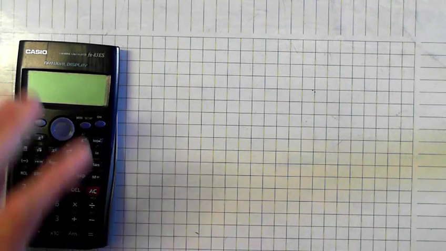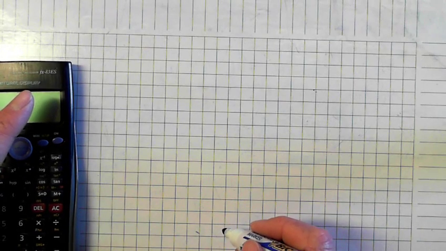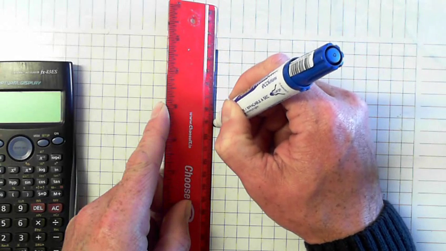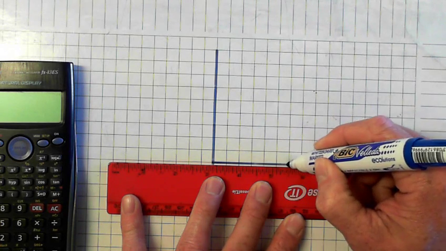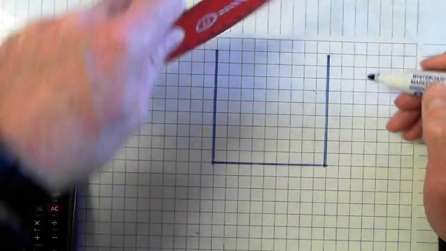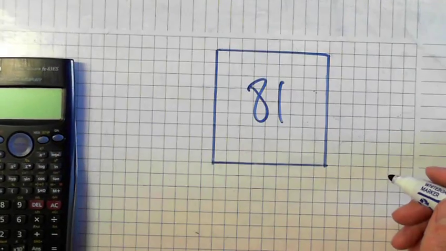So if we use a calculator, give me a square number first of all. 81. Fair enough. So we need to go 3, 3, 3. Alright, so you give me 81, which is an area.